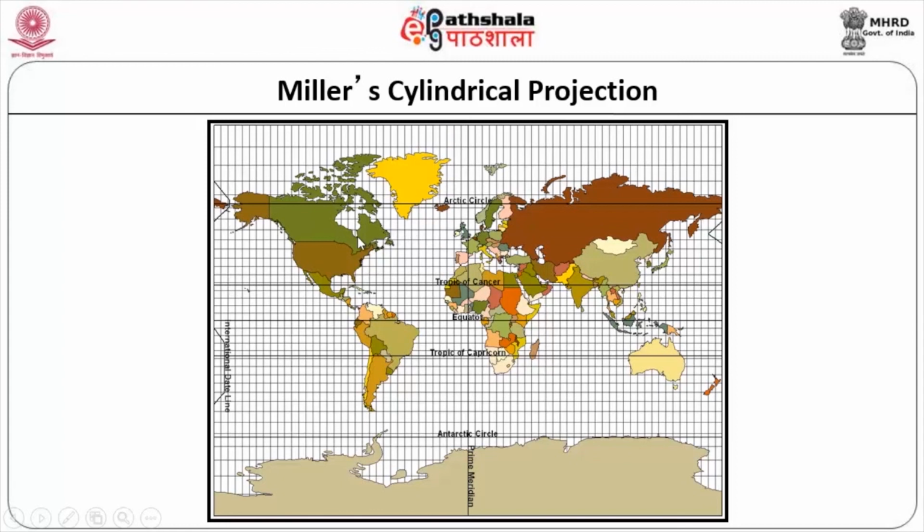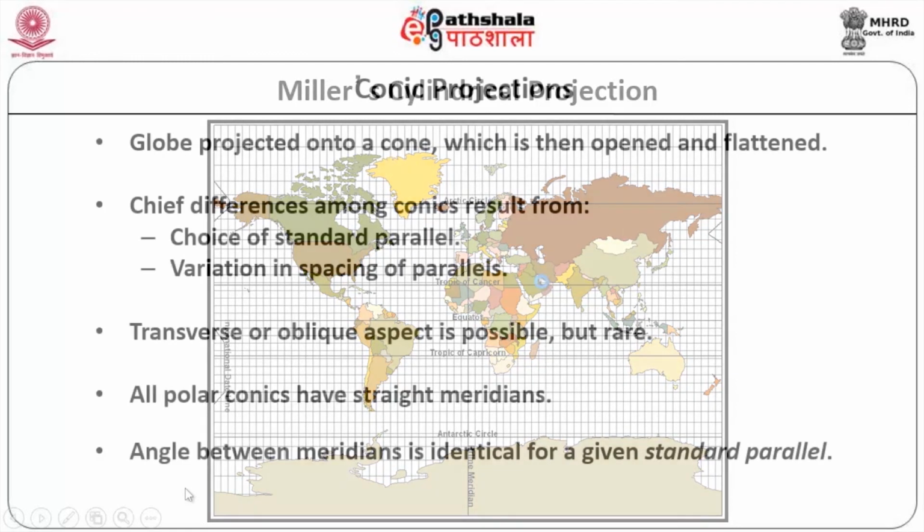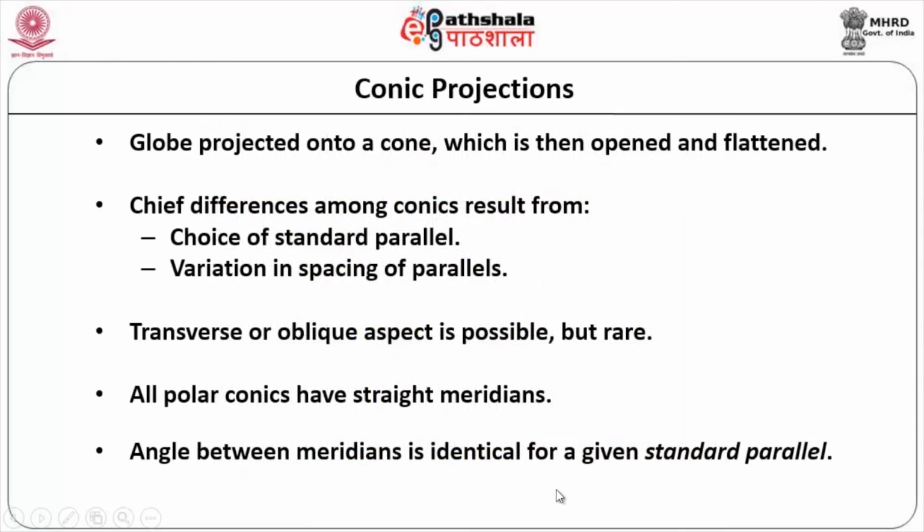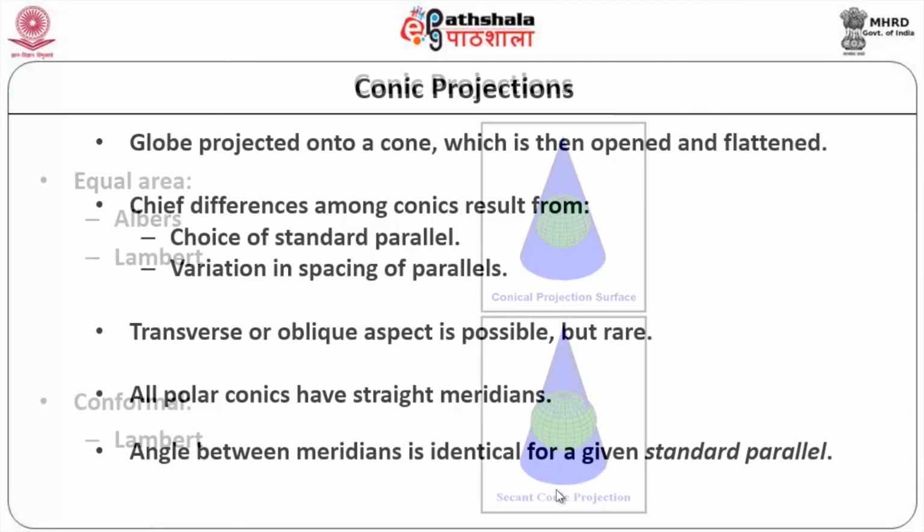But taking into consideration a specific parallel, this distance does not change. That is, the distance between your meridians does not change. You see here, it is uniform throughout. But when you are moving from here to here, it gets affected. So, that is the beauty of this. All the angles between meridians are identical for a given standard. Any standard parallel you take, it will be identical.